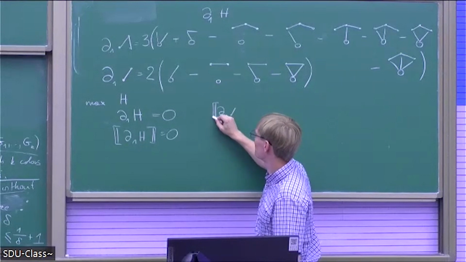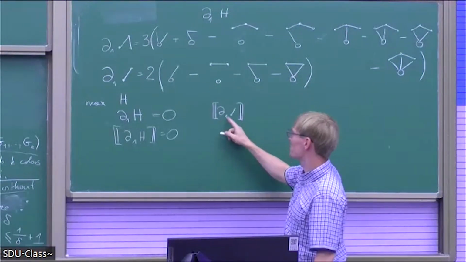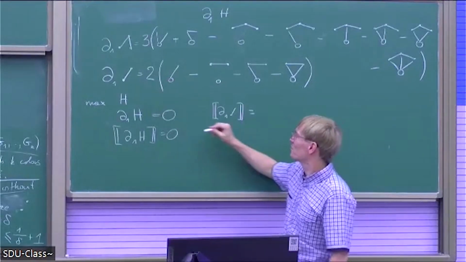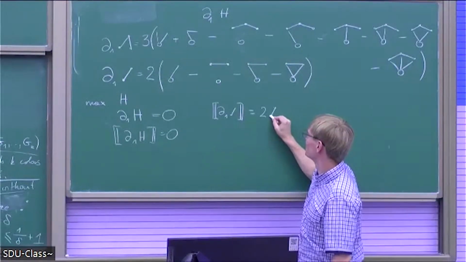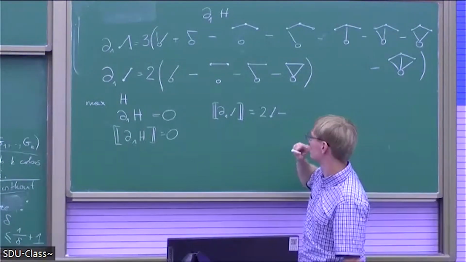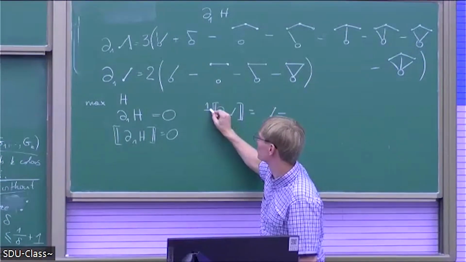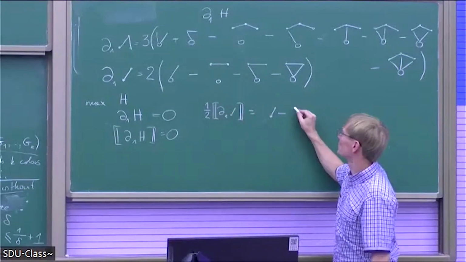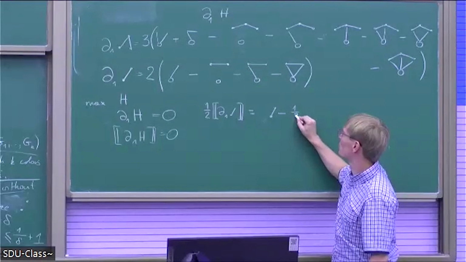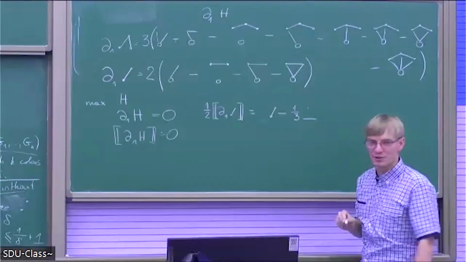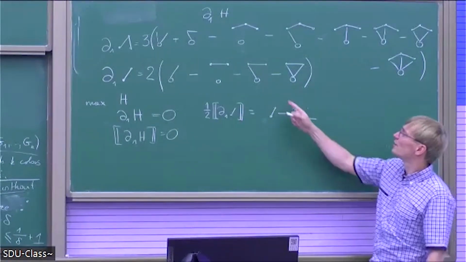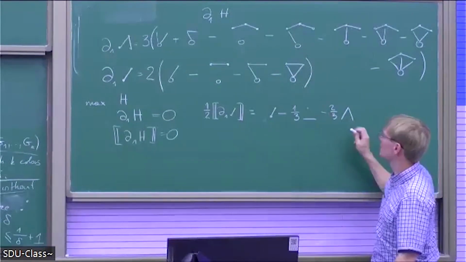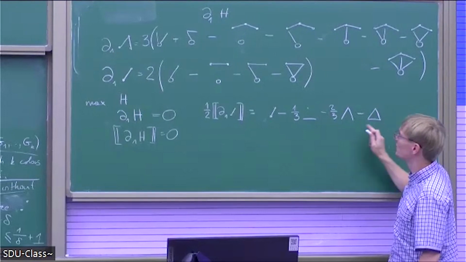If you average this partial derivative of an edge, here I'm getting 2 times the density of edges. Then averaging the other term, which we already calculated, it's 1/3 of this graph. Here is 2/3 of this graph, a cherry, and here is just a triangle.